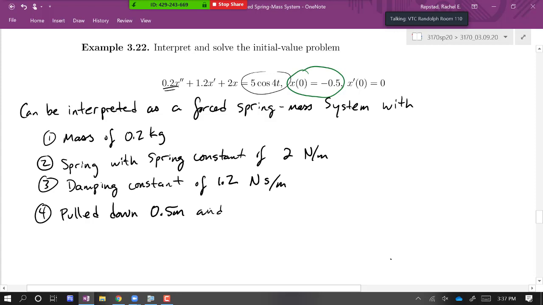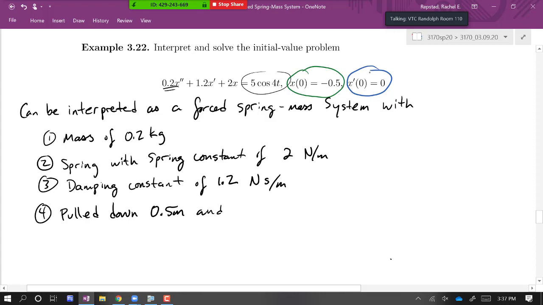And how do I tell? It has to do with x prime of 0 equals 0. If x is the position function, x prime is its velocity. So what that tells us is that it wasn't pushed.